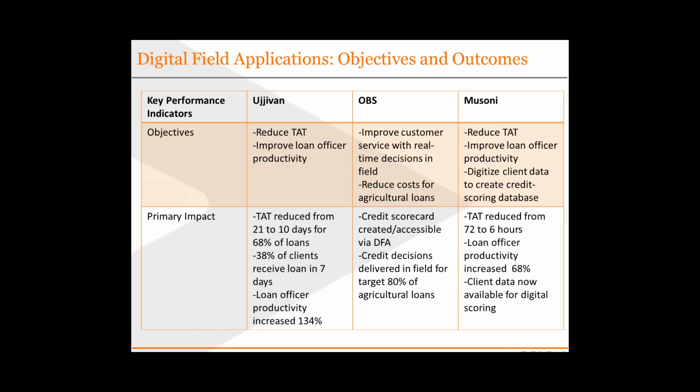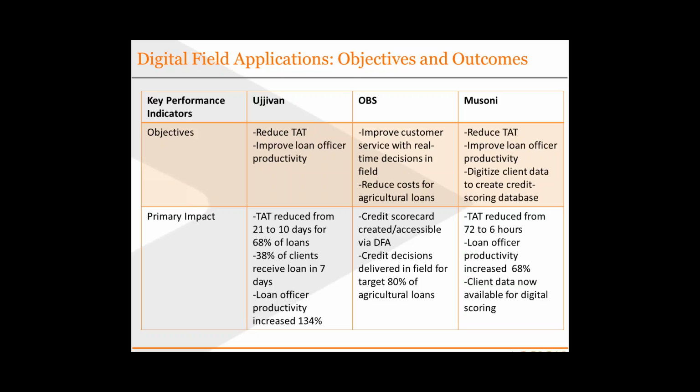So for Musoni, the DFA was designed to replace the paper forms previously used for client and group registration, which, again, for an entire group of clients for group loans, everyone collecting paper forms is a very lengthy process. The DFA was intended to streamline and make this more transparent.